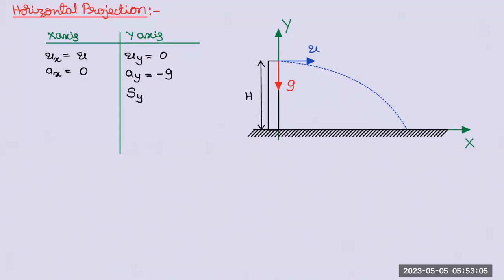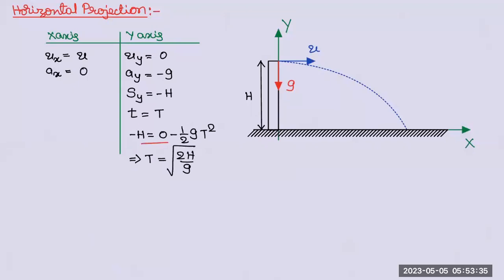Displacement along y-axis must be equal to minus h. Time of flight is capital T. S is equal to ut plus half at square, so minus H is equal to u0 minus half g T square. That implies T is equal to root of 2H by g.